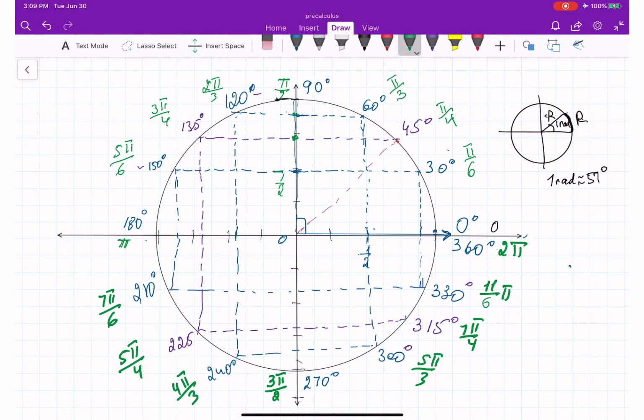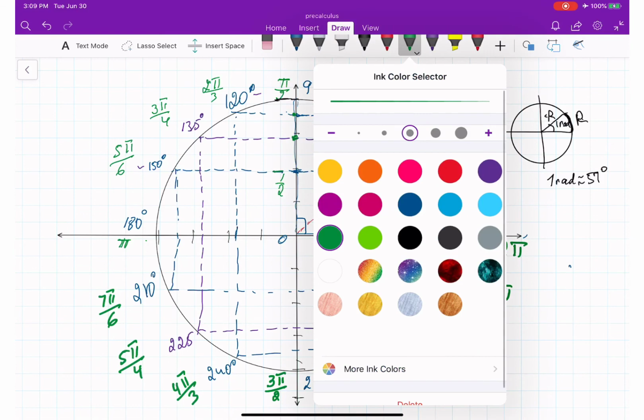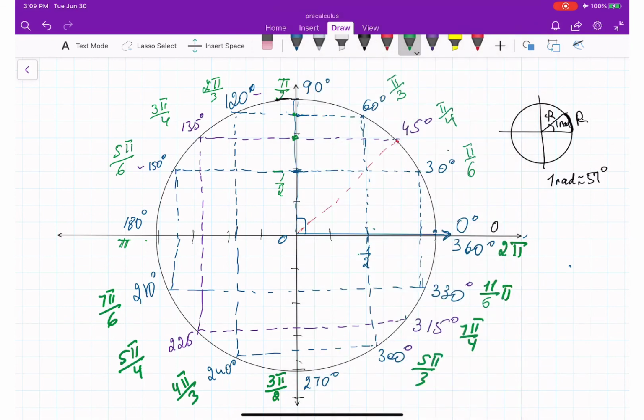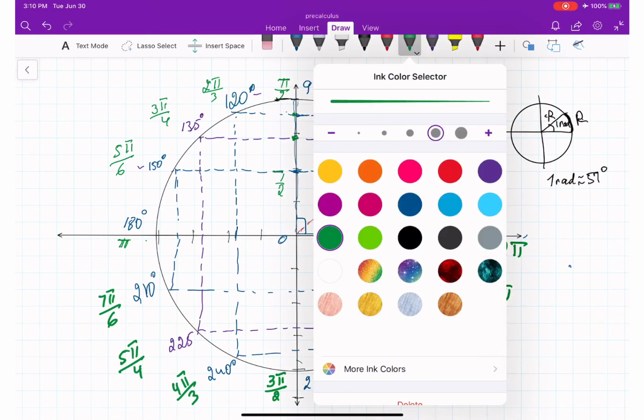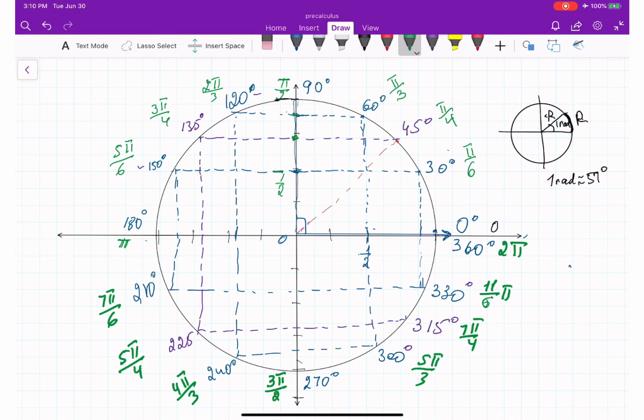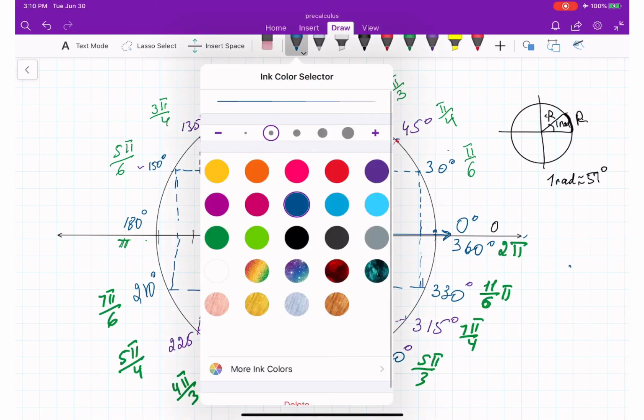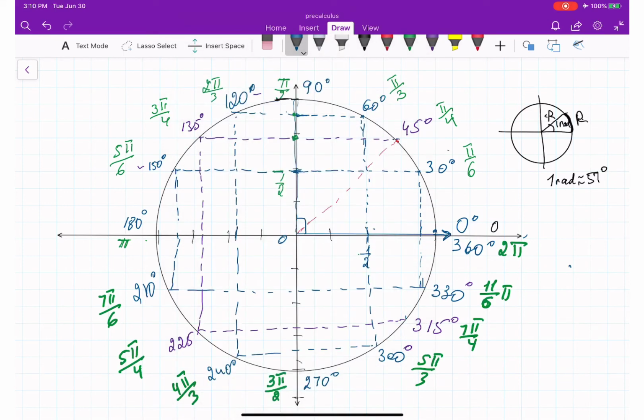Well, it's not bold enough. All right. And here let me also add this one from 45. It will go down straight to 315.